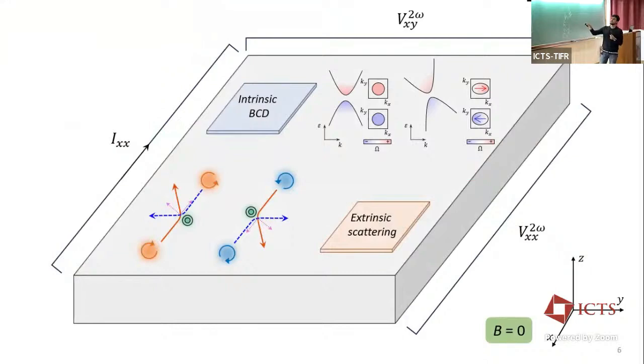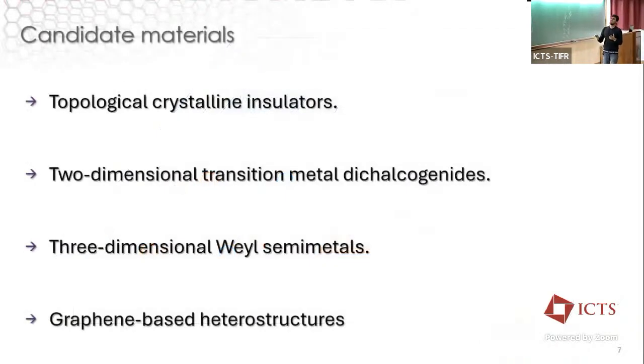And for the Berry curvature dipole, we are basically getting this Hall response at 2 omega. And the extrinsic scattering contributes to both the Hall and the longitudinal component of 2 omega, in terms of Vxy 2 omega and Vxx 2 omega. We are basically measuring these components using lock-in by setting the harmonic at 2.